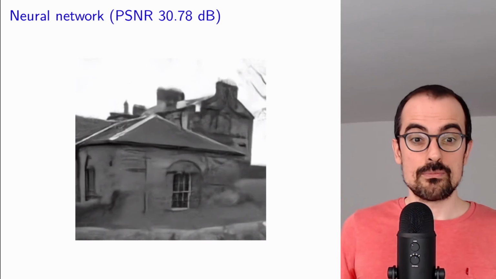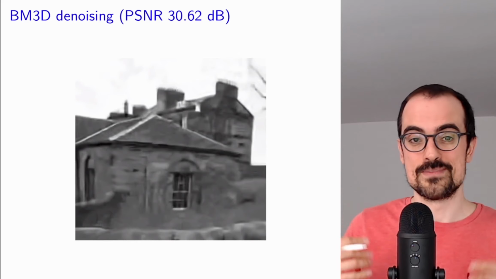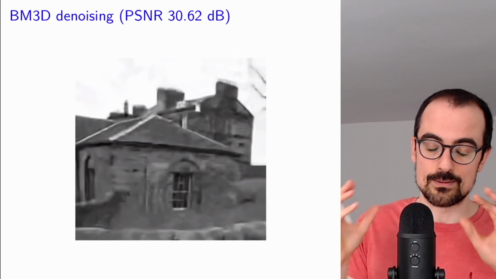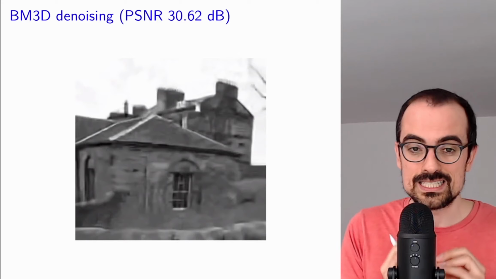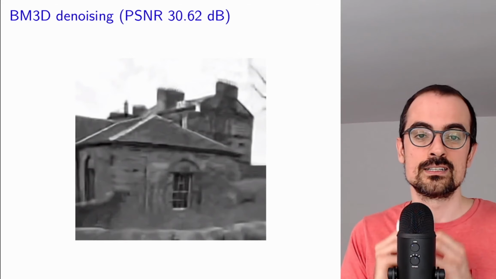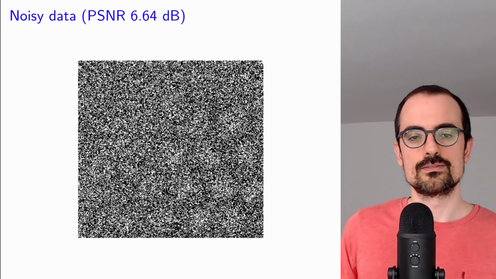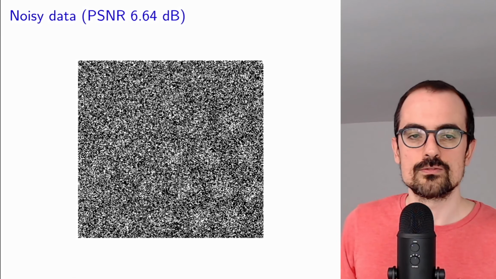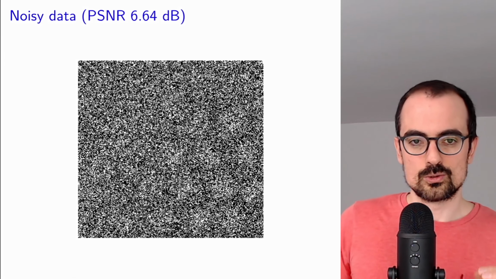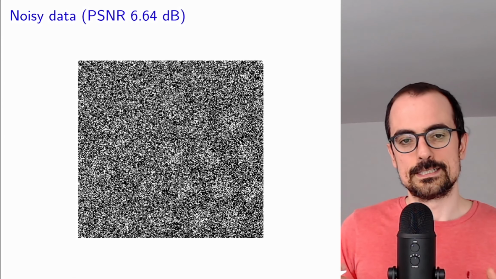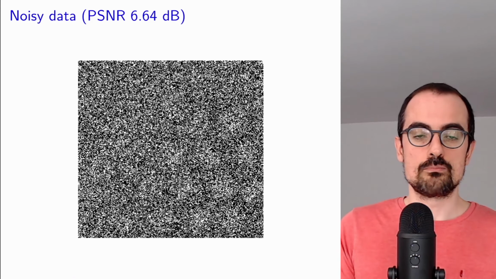And again, BM3D is the product of many, many years of many people thinking about how to better denoise specifically photographic natural images. So then when you arrive at a completely different type of data and a different type of noise, it's very difficult to develop such a sophisticated solution using pre-deep learning techniques.